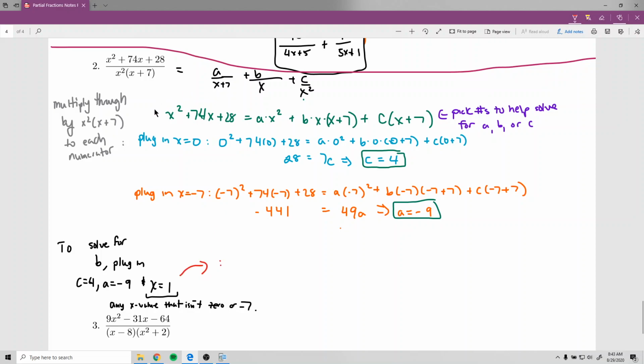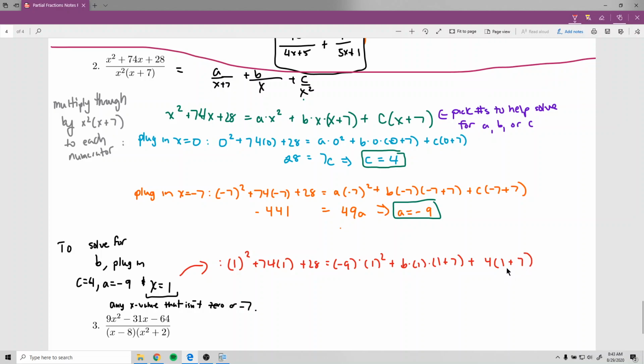So the left side of our equation, x is 1. So we got 1 squared plus 74 times 1 plus 28 equals A, which is negative 9, times x squared, which is 1 squared, plus B, which is what we're solving for, times x, which is 1, times x plus 7, again plugging in 1, plus C, which is 4, times x plus 7, and x is 1.